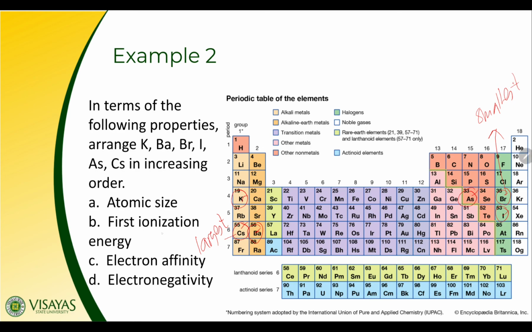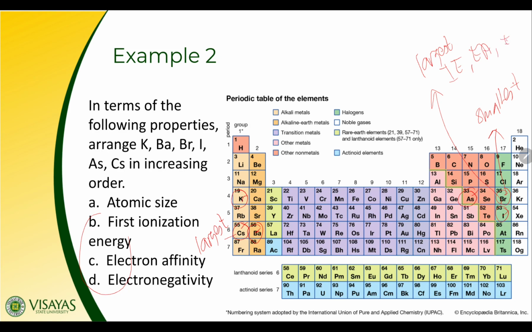When it comes to the first ionization energy, electron affinity, and electronegativity, again, the three of them have the same trend. They increase from left to right and decrease from top to bottom. So the one that we expect to have large values for these three should be on the right and at the top. No? So therefore, we expect bromine to have the largest first ionization energy, electron affinity, and electronegativity.